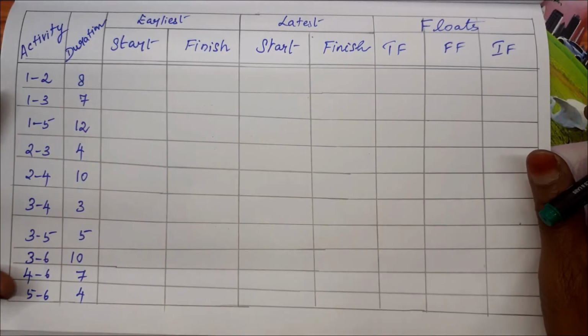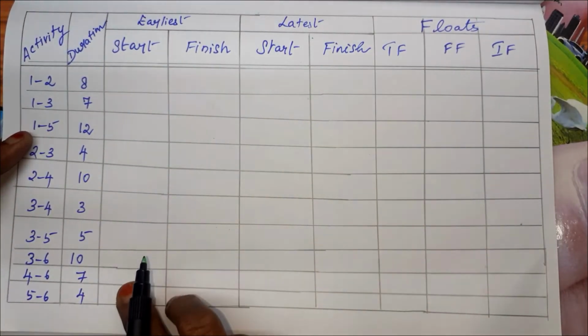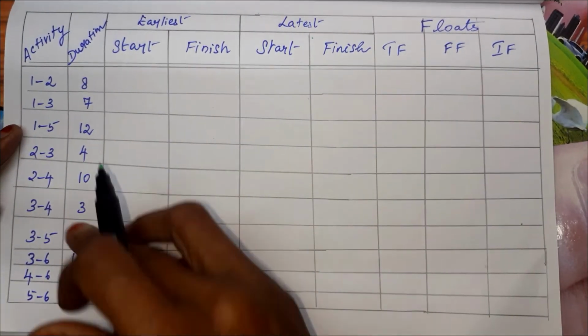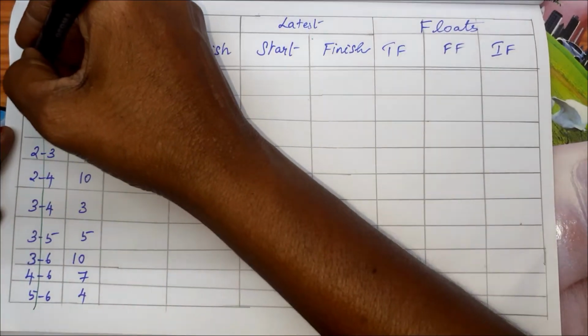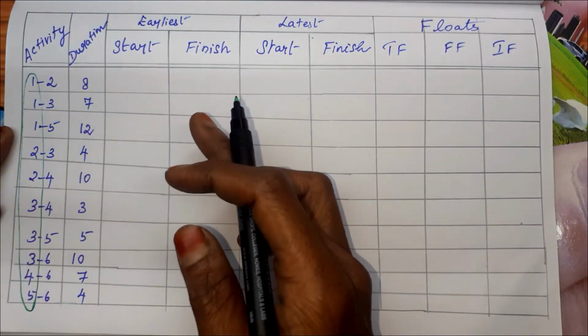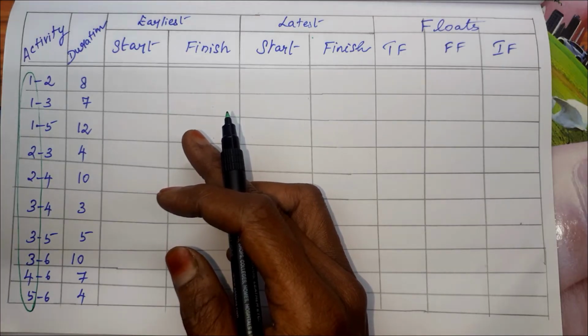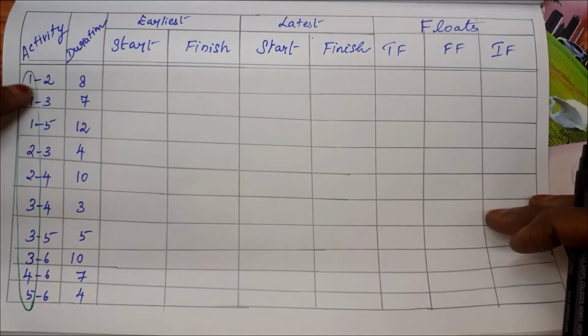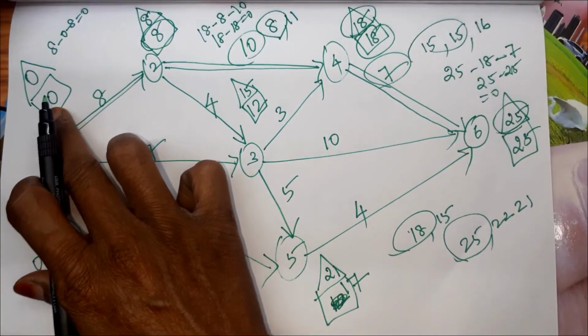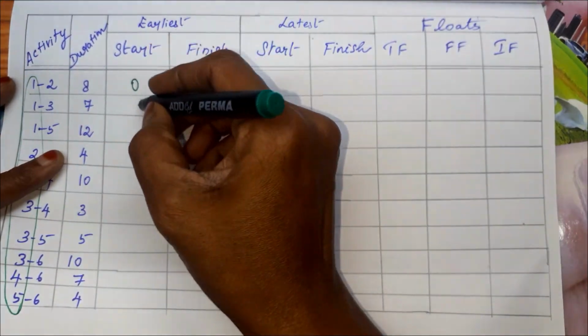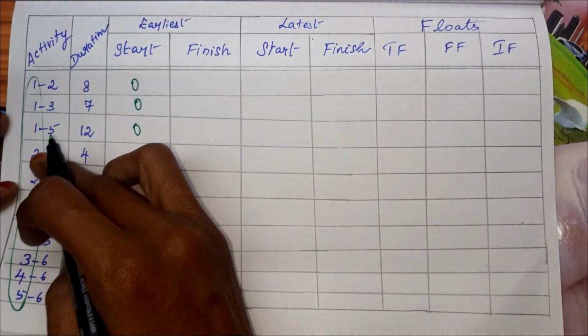Now come to the table. We have taken all these things from the diagram. First we have to fill all these values. How to fill these values? For the left side numbers in the diagram, whatever we have in the boxes, we have to take down. We have 1 in 3 places. For 1 the box value is 0, so 0, 0, 0. 2 we have in 2 places.